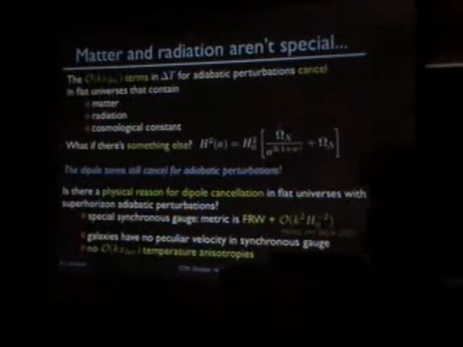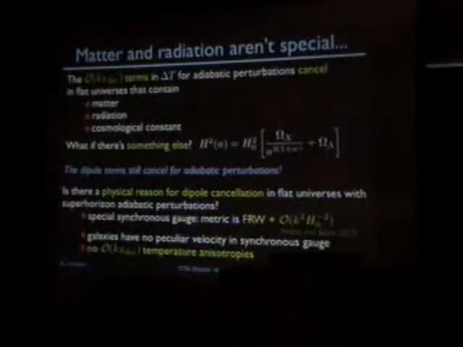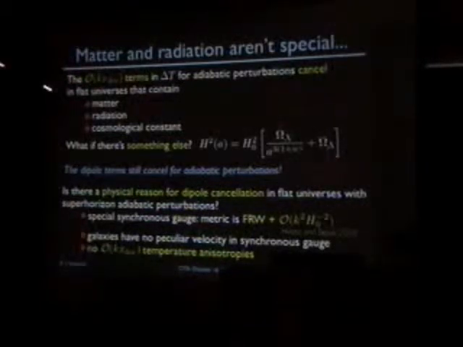And in synchronous gauge, galaxies don't have any peculiar velocity by definition, so you have no Doppler effect for a comoving observer. And then there's no order k temperature anisotropies because there are no terms in the metric of that order, there's no Doppler dipole, and since this is an observable, it's expected that maybe these terms always cancel as a gauge argument.